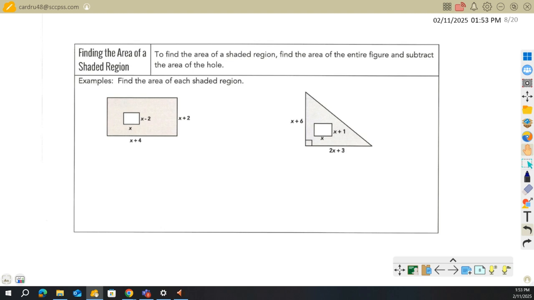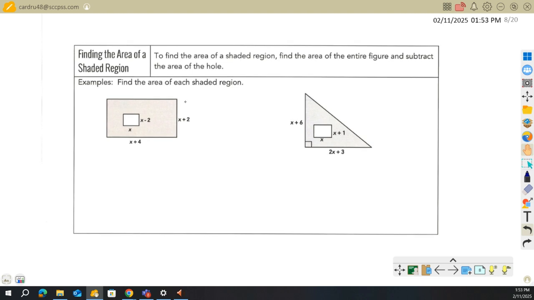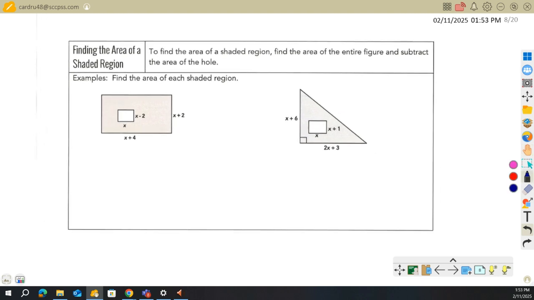So first, I want to think about what is the area of a rectangle. Area, remember, is length times width of a rectangle, and the area of a triangle is 1/2 the base times the height. So this is what we are using in both of these problems.